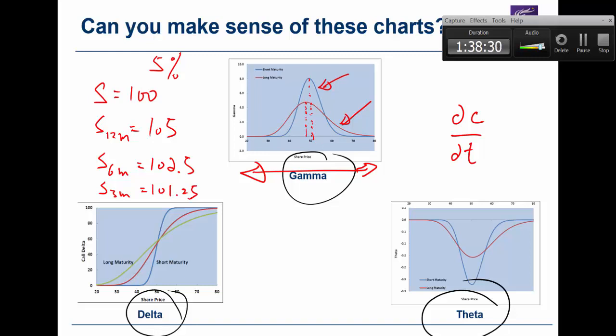So as your forward is changing, your peak gamma value also will change. That is why when I'm moving the maturity, the peak is appearing at different places. But because your strike hasn't changed, your strike remains constant.